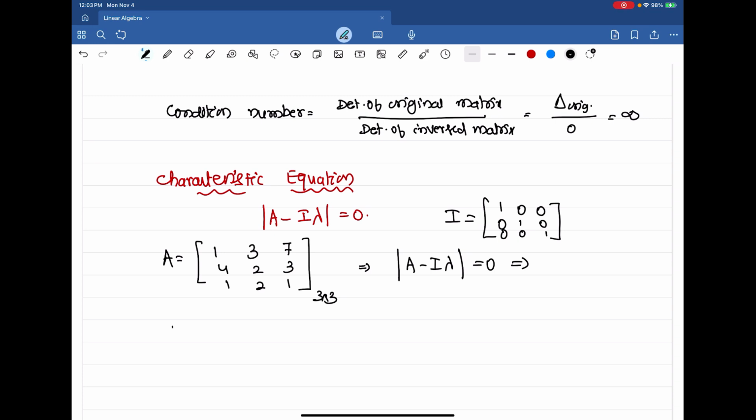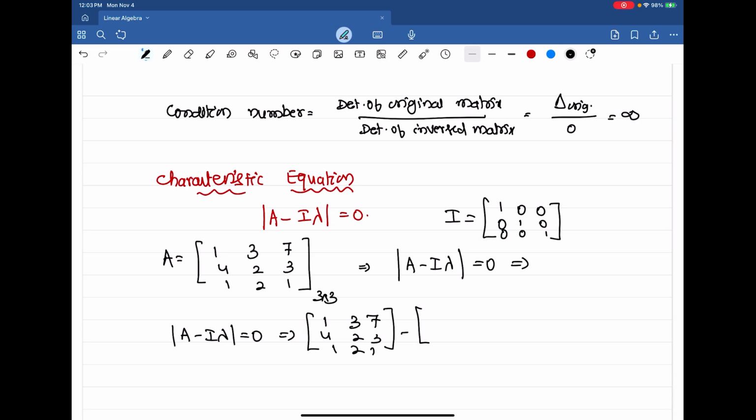Now, A minus I lambda is equal to 0 implies, what is A? 1, 3, 7, 4, 2, 3, 1, 2, 1 minus I lambda.